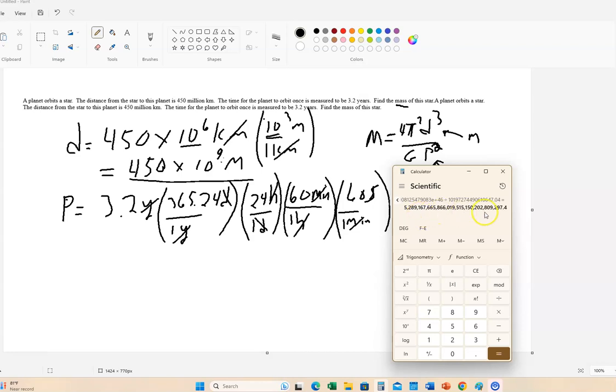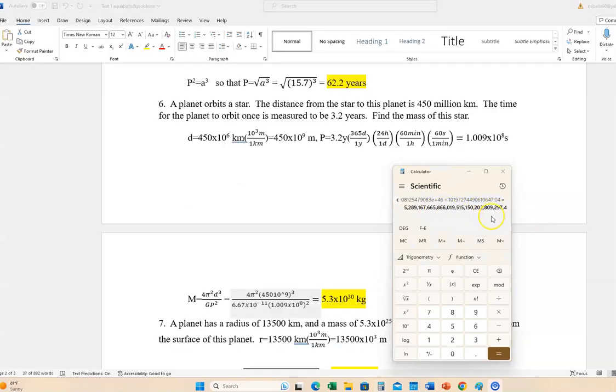And so that is, this is not in scientific notation. Hold on, let me change that to scientific notation. The decimal point is way back here. This is kind of convenient because every 3 digits there's a comma.